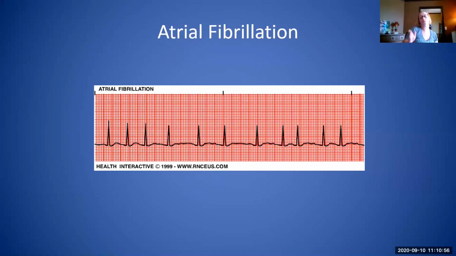So the AV node will block some of those impulses, so that not all 400 to 600 impulses go to the ventricles. Luckily, our rate is never at 400 to 600 because the AV node helps block some of that. But some of them do come through.